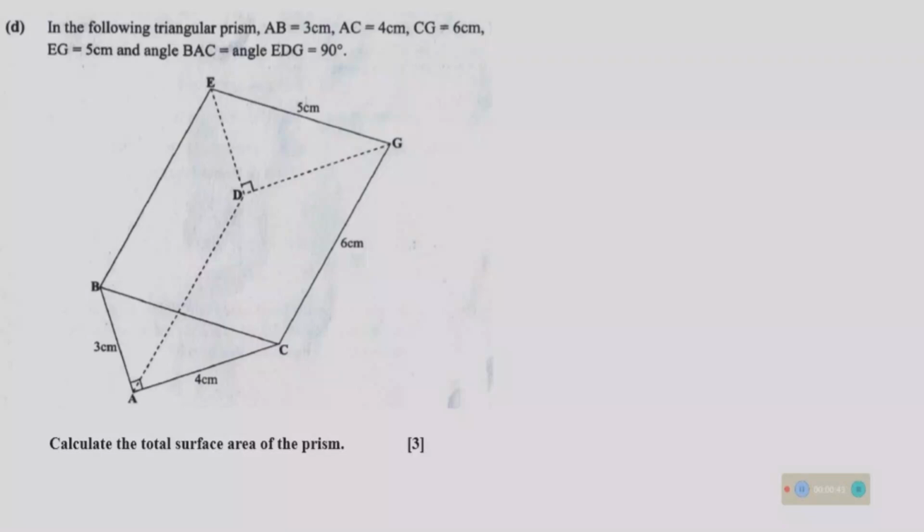So first of all, the task ahead of us is to identify the surfaces that this triangular prism has. So we can say that total surface area is equal to, so we have this area which is BCEG.